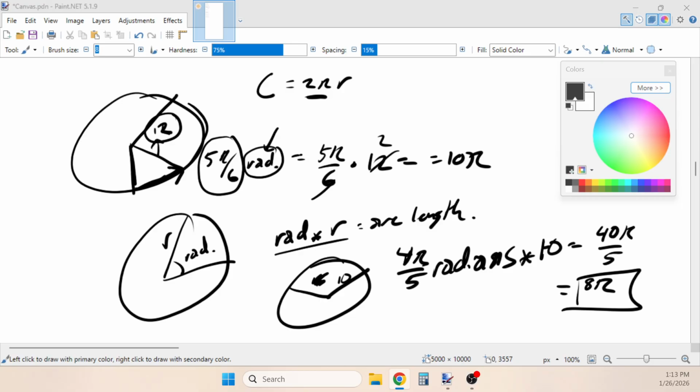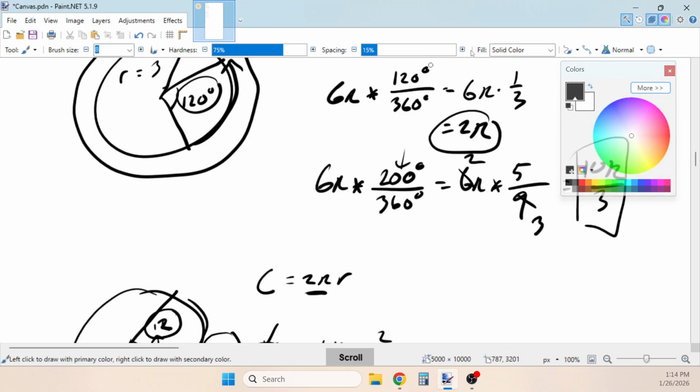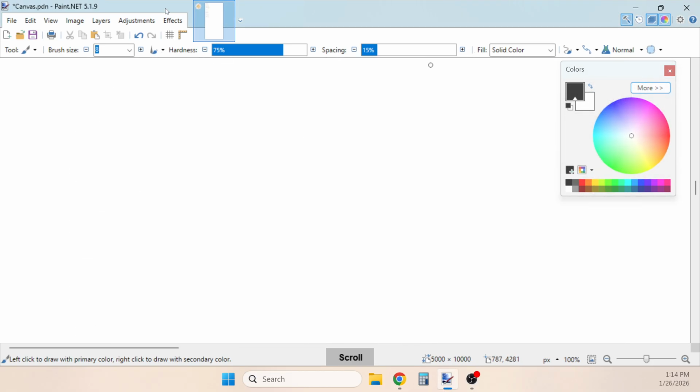More help with amplitude, wavelengths, and arc lengths. Okay. Worked with arc lengths. More help with amplitude, wavelengths, and radians. So, those are up. Yep.